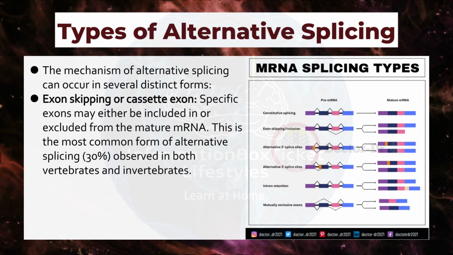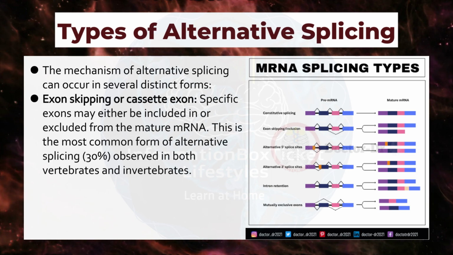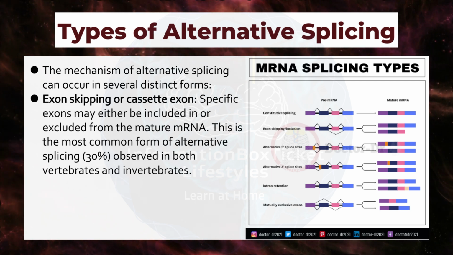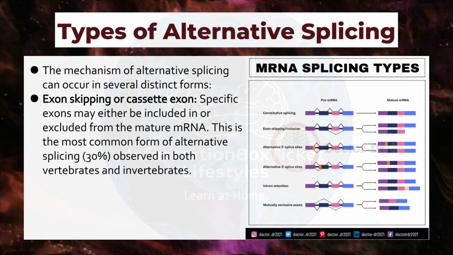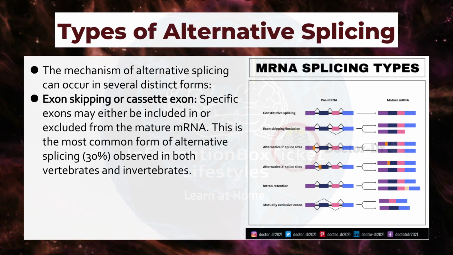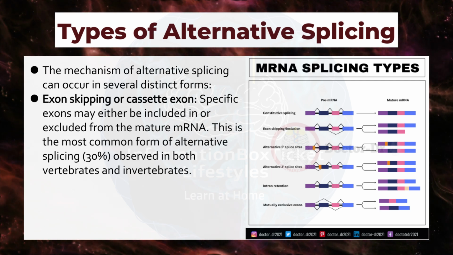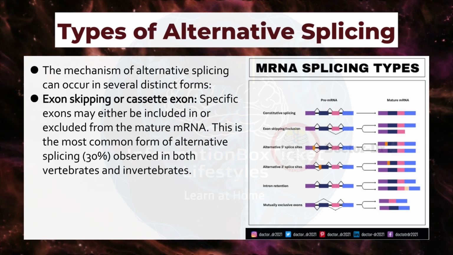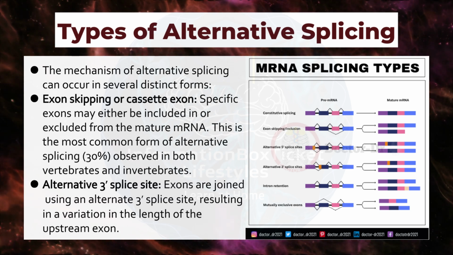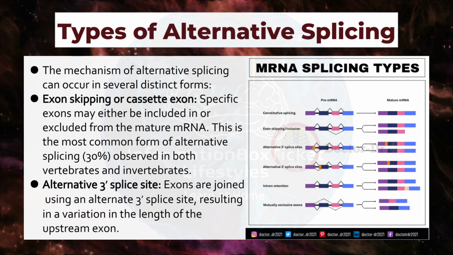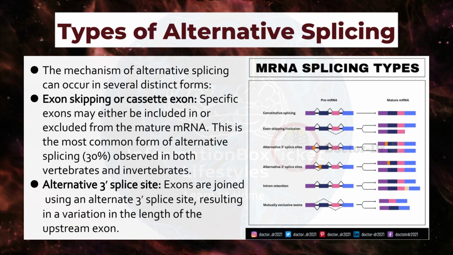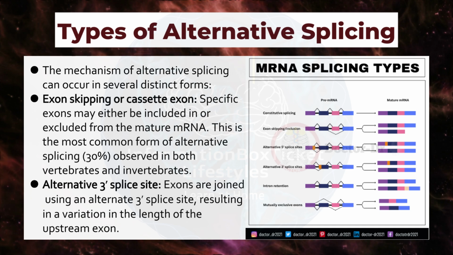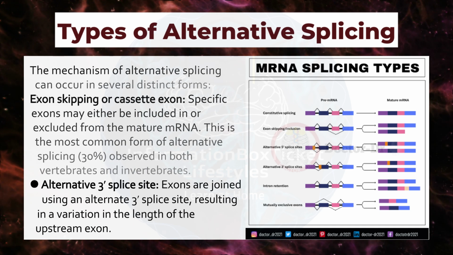Exon skipping, or cassette exon: specific exons may either be included in or excluded from the mature mRNA. This is the most common form of alternative splicing, 30%, observed in both vertebrates and invertebrates. Alternative 3' splice site: exons are joined using an alternate 3' splice site, resulting in a variation in the length of the upstream exon.